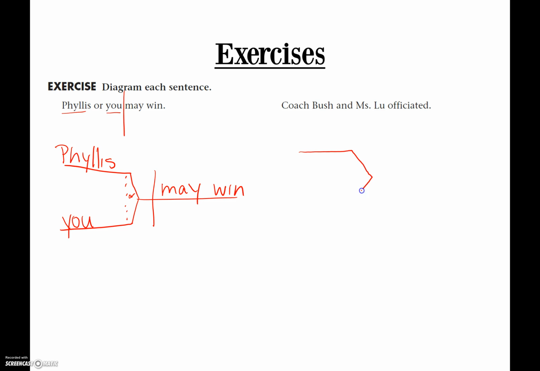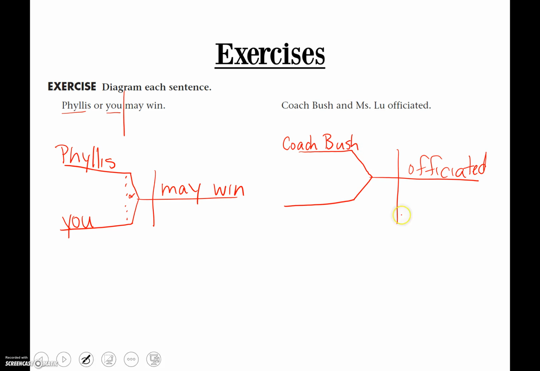So we're going to have a prong followed by just the normal predicate space. So I'm going to go ahead and write officiated. And then I'm going to have my 2 nouns, Coach Bush, Miss Lou, my dotted line in between the 2, and the conjunction and is on that line.